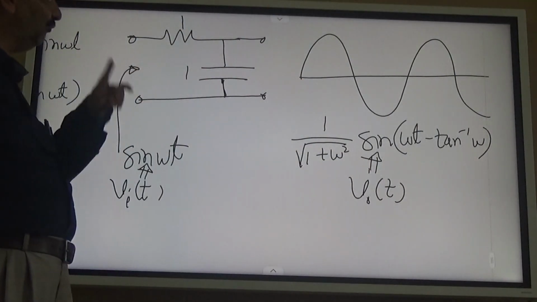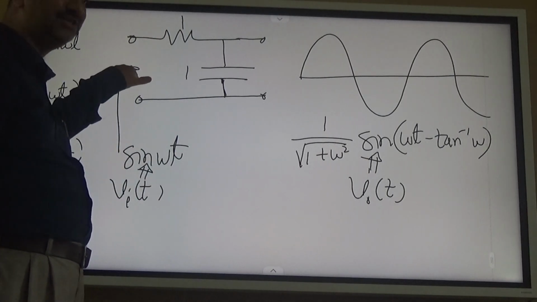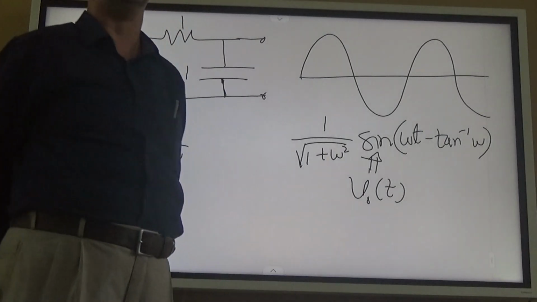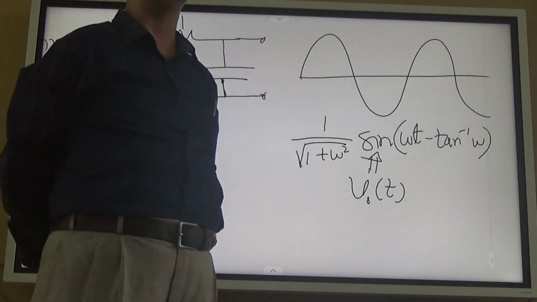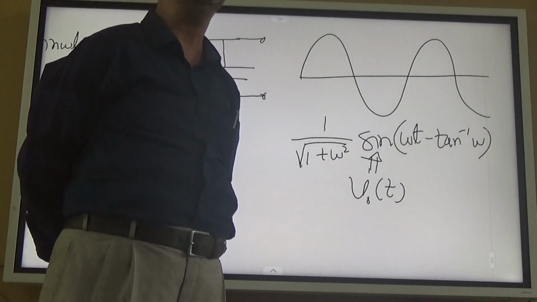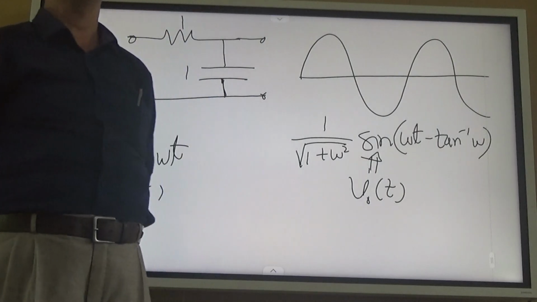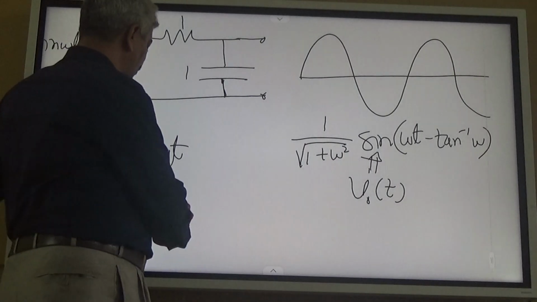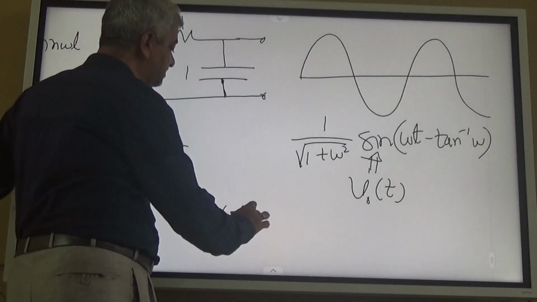So, with this we got a solution. When a sinusoid is applied at input, at the output you get a sinusoid of the same frequency with reduced amplitude and shifted phase. The amplitude of input is 1, and sin omega t is 1 sin omega t plus 0.